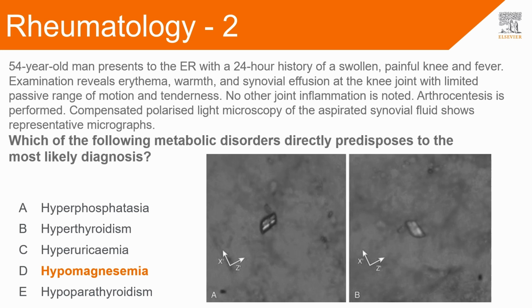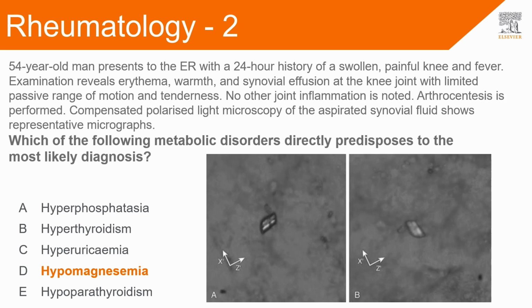Magnesium is a cofactor for ALP, the enzyme that hydrolyzes inorganic pyrophosphate. In magnesium deficiency, ALP activity is reduced, which leads to an excessive accumulation of inorganic pyrophosphate and thus the formation of CPPD crystals. So what about hypoparathyroidism? Well, actually, you would not be too far off the mark.